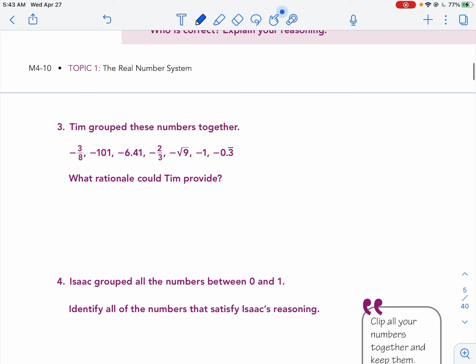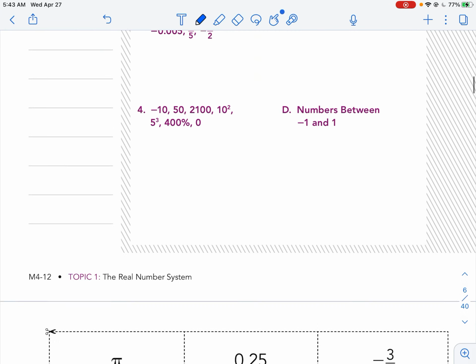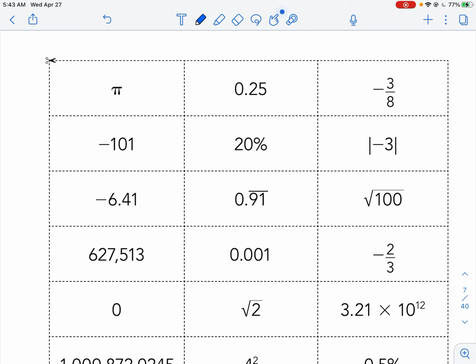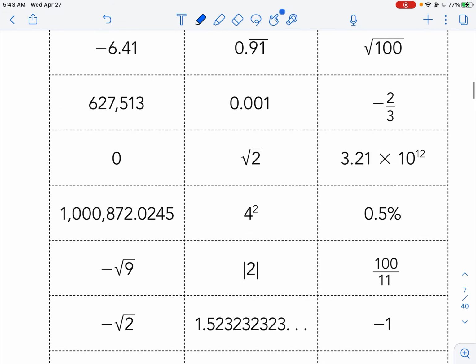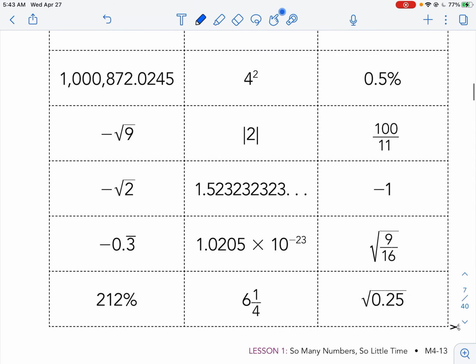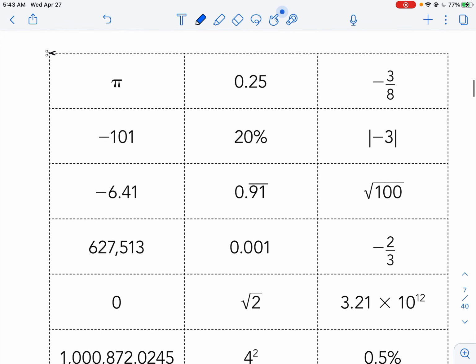It's on page 13. And you do a sort with these numbers. Now, there are some people that decided in class to do positive and negative numbers.